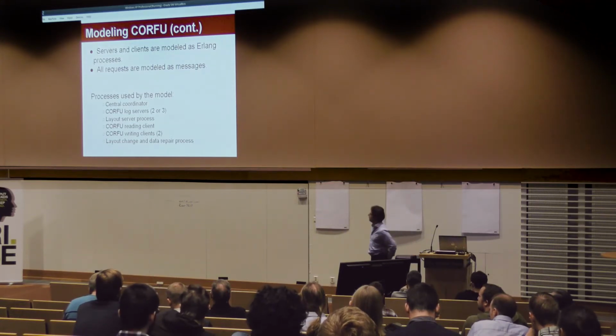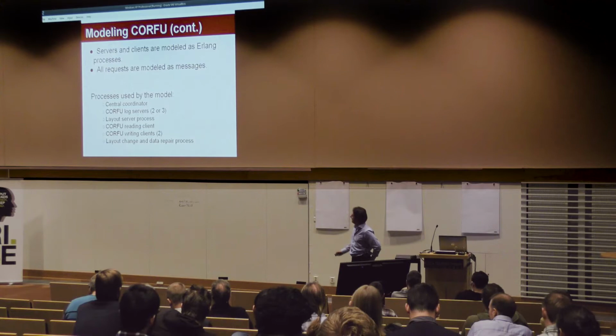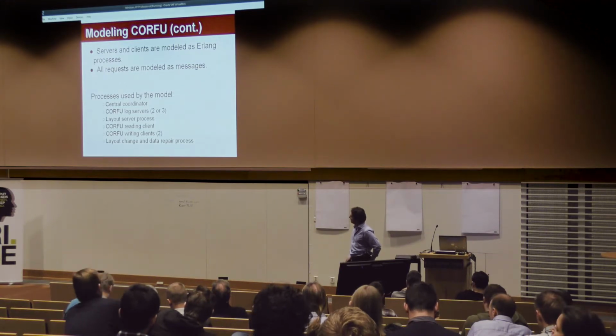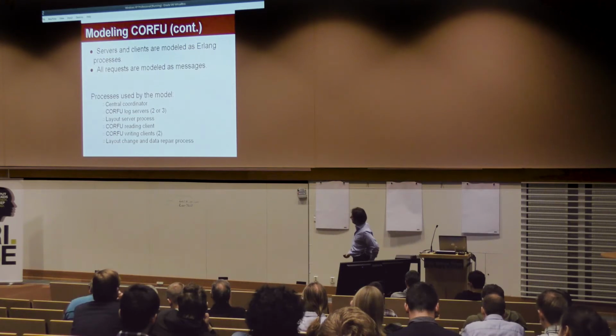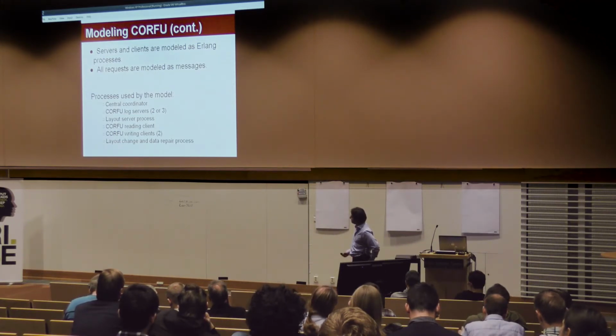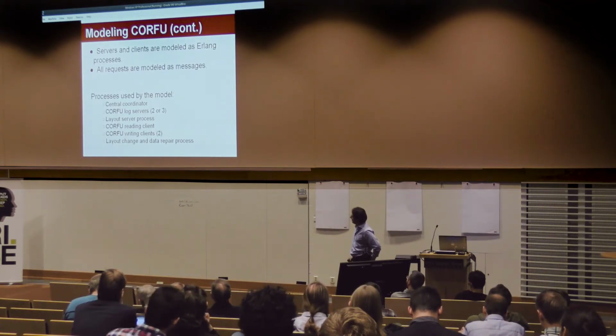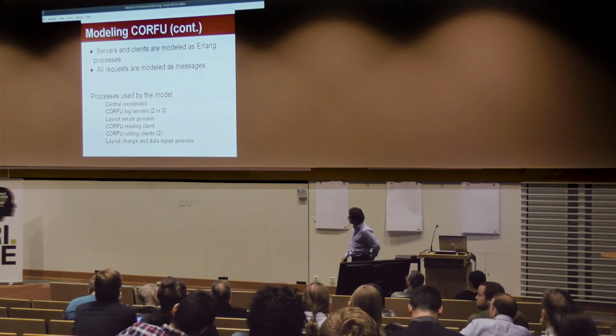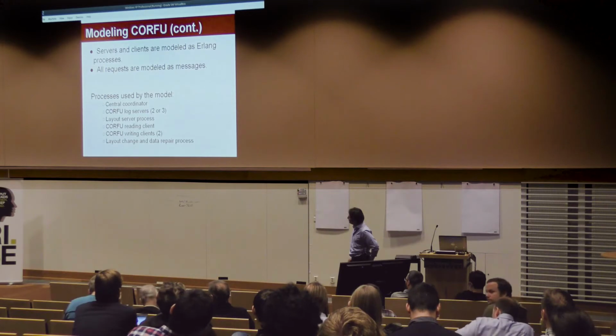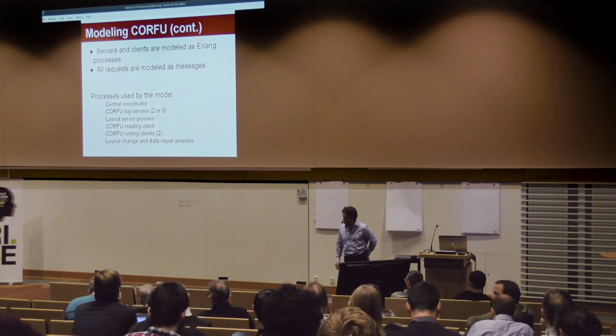And you use a bunch of processes in the model. A central coordinator that works like the orchestra maestro or something like that. The servers that are involved in the process, the two that had survived and the new one. The layout server process, a CORFU reading client, two writing clients, and the layout change and data repair process that goes on.